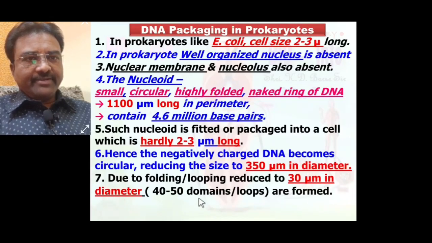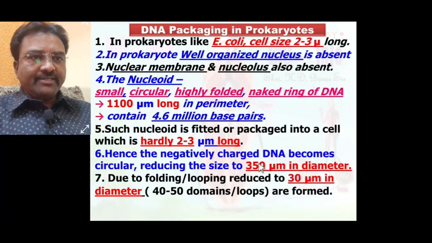40 to 50 domains or loops are formed. Means 1100 micrometer is converted into 350 micrometer diameter due to the negatively charged DNA becoming circular.